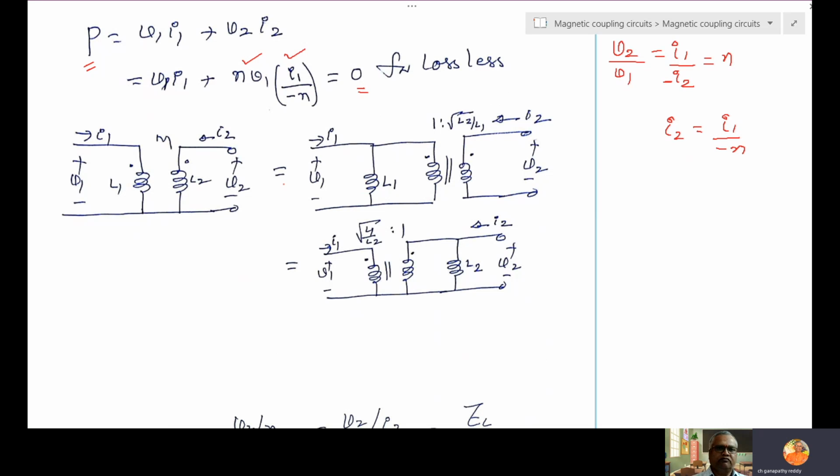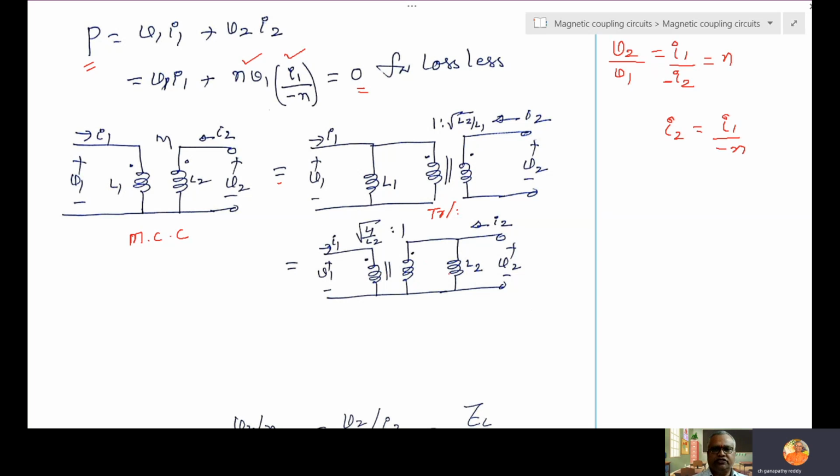This basic coupling circuit is equivalent to a transformer in terms of turns ratio, 1 is to root L2 by L1, with L1 here. If you write expressions for V1 and V2, you get similar expressions.